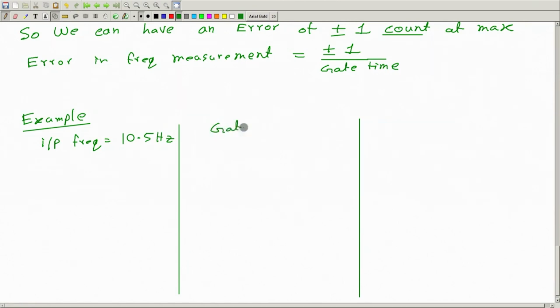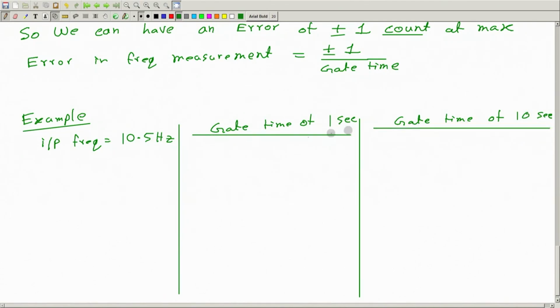One has a gate time of 1 second, another has a gate time of 10 seconds. Now, let us compare these two instruments. This is one, this is another.